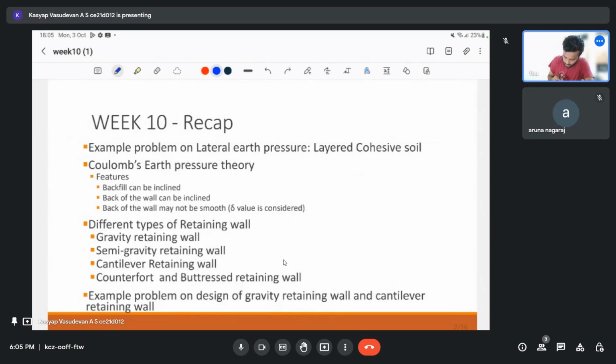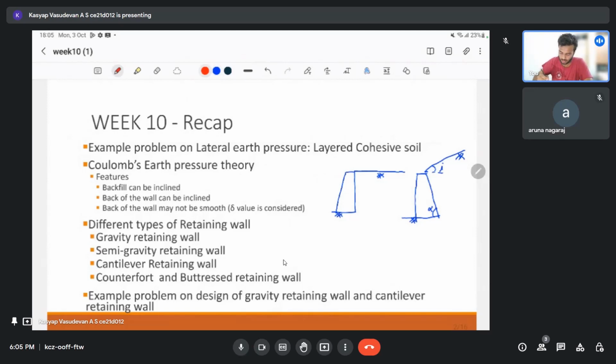So if this was Rankine's backfill, in Coulomb's case we can have something like this. This means that the backfill can be inclined as well as the back of the wall can be inclined. So this scenario can be directly used.